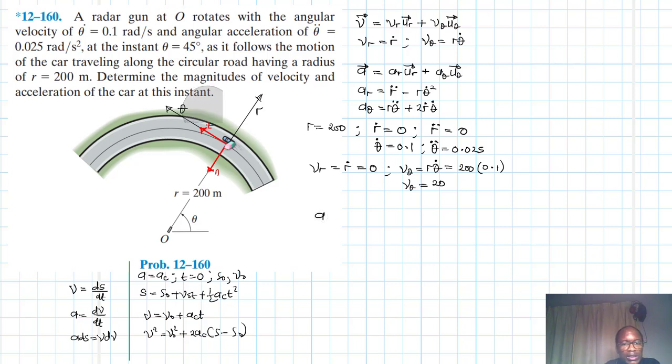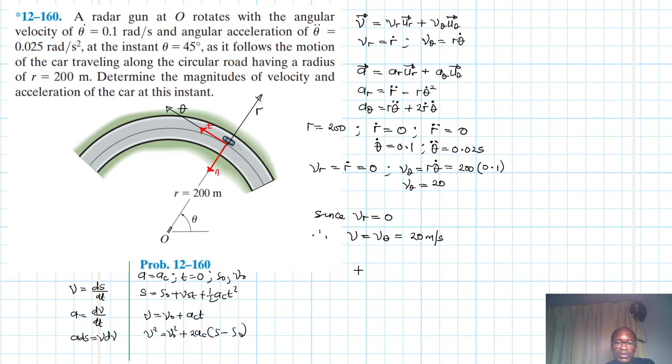Oh no, we are not yet done. Let's find the magnitude. Since v_r is equal to 0, our v is just going to be equal to v_theta, which is equal to 20 meters per second.